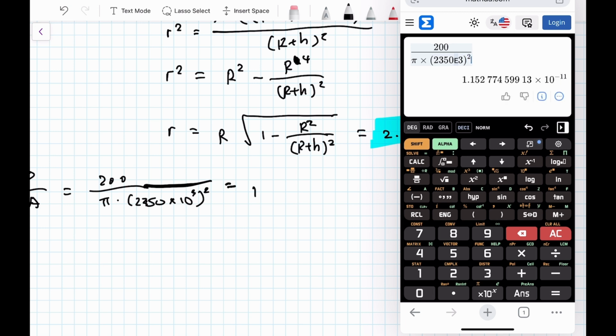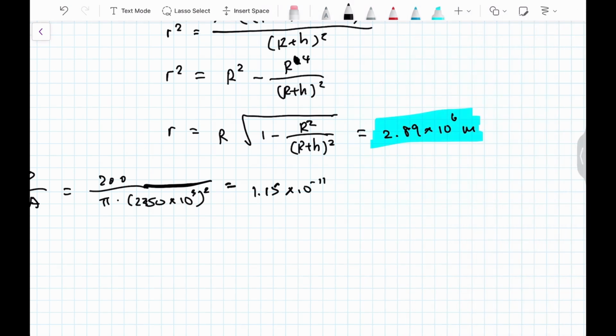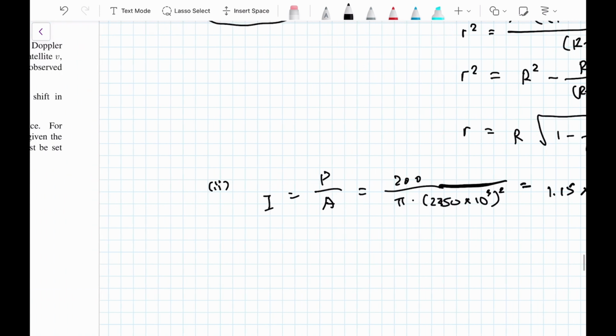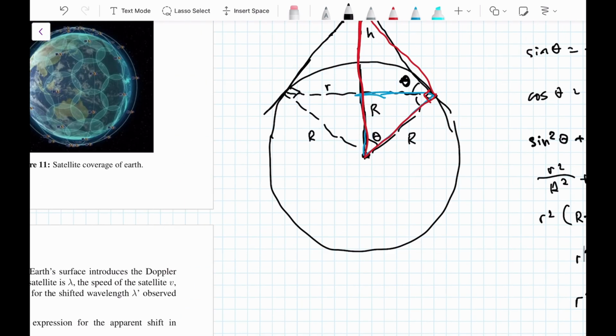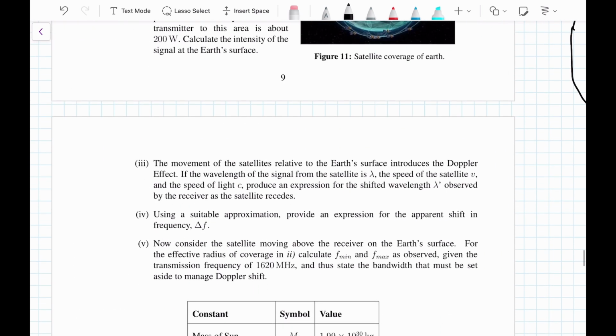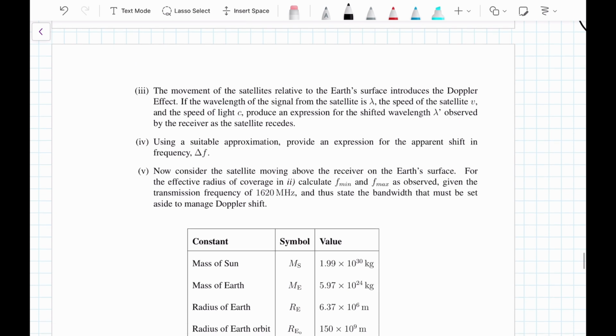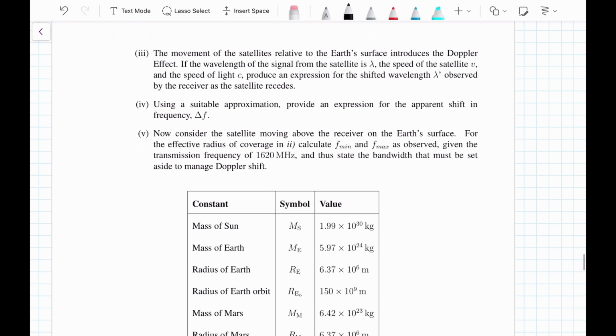That is approximately 1.15 times 10 to the minus 11 watts per meter squared. And then let's see the third part. The third part says the movement of a satellite relative to the Earth's surface introduces the Doppler effect.